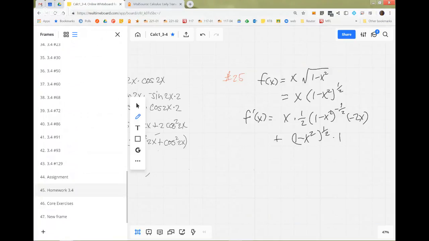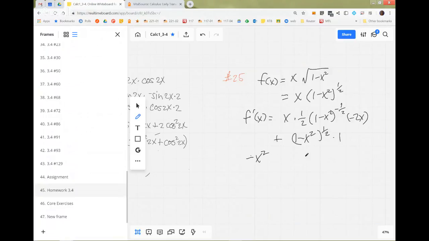Sorry, I wrote that on 2 lines, but I'm trying to manage space. So now let's rewrite that. We've got x times 1/2 times negative 2x. So x times negative 2x is negative 2x squared, divided by 2 is negative x squared, right?